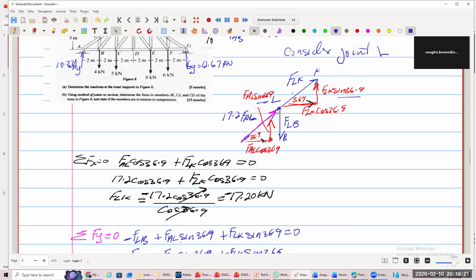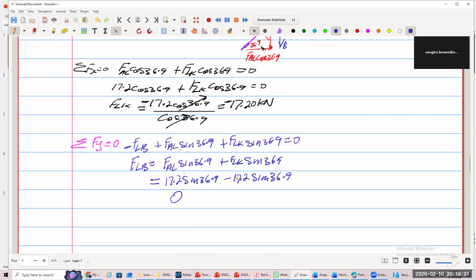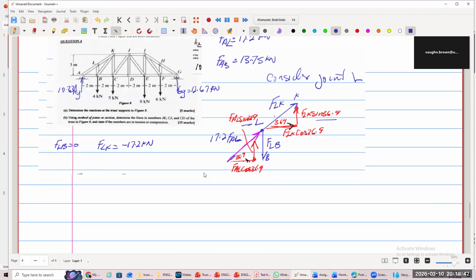If it was in tension, I'd have to draw the arrow going the other way and keep the sign as minus. But that's not it. So it's correct now. It's in its right direction and its right value. You have to be mindful of those little nuances. That's the only thing you have to be careful of. So we have A, B, and all of those values.